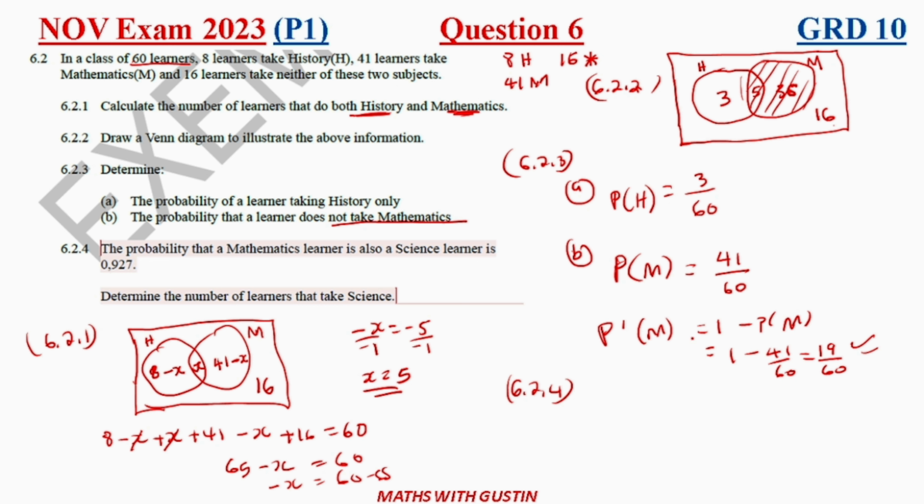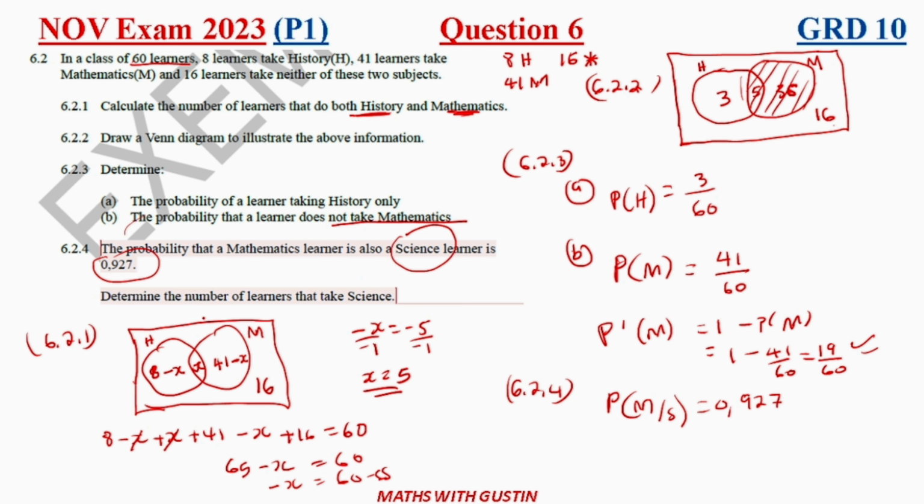6.2.4. It says the probability that a mathematics learner is also doing science, now they're just trying to confuse you here, is 0.927. So the probability that a learner who does maths also does science is 0.927. Now what is the question?